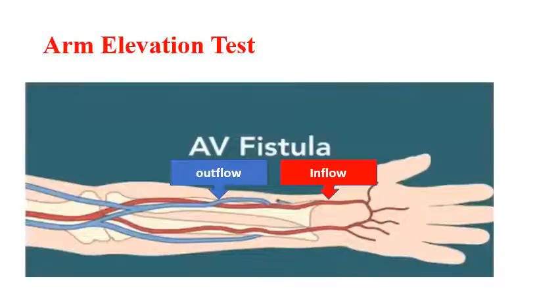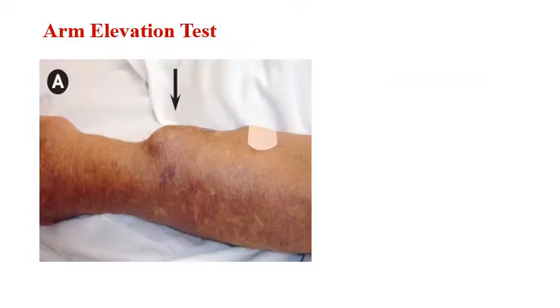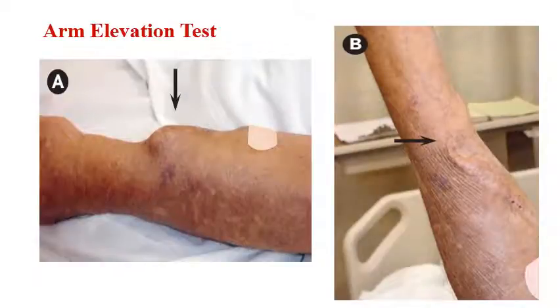Usually when the patient is lying in supine position, you can see that the AV fistula is elevated above the surface of the skin, like in picture A. When you do the arm elevation test, you raise the arm of the patient above the level of the heart.